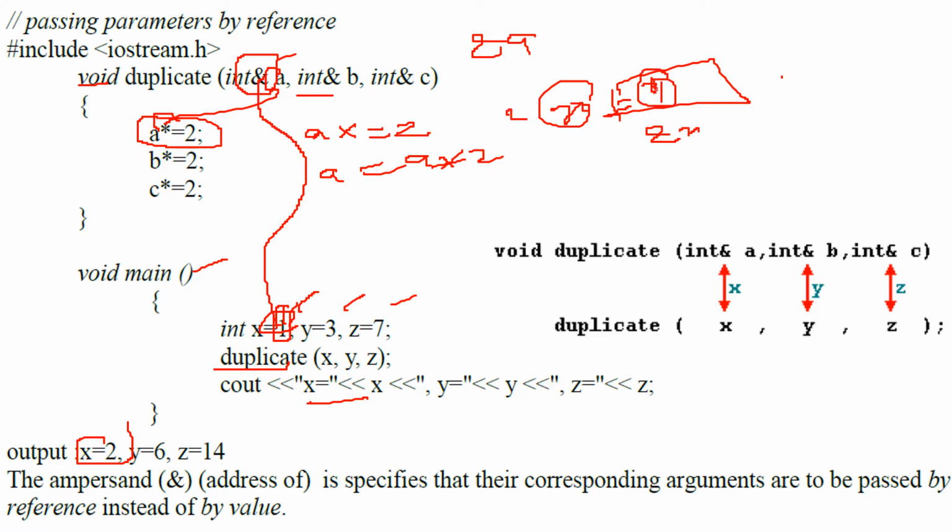So this value will become 2, and when you print x, x now has value 2. So the &, the address-of operator, specifies that the corresponding arguments are to be passed by reference, not by value. So this is how it is done. In duplicate, x, the actual parameter, goes to a, y goes to b, and z goes to c.